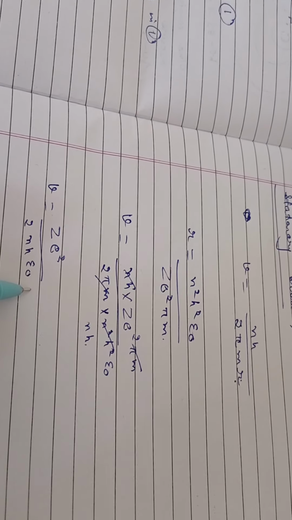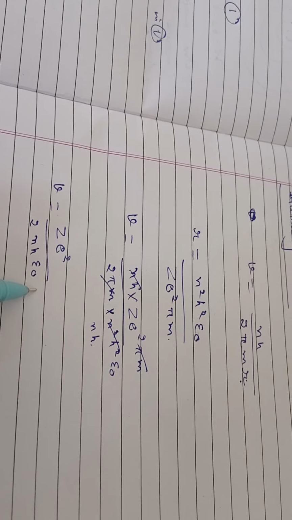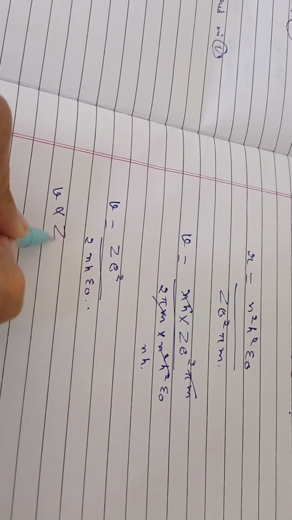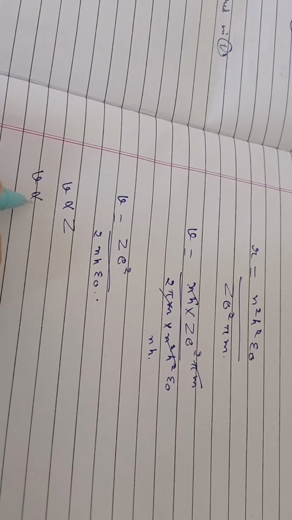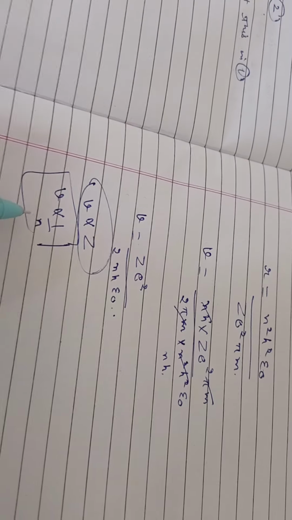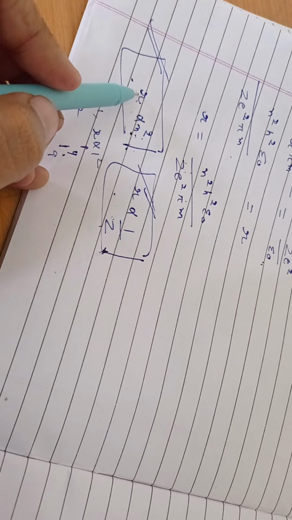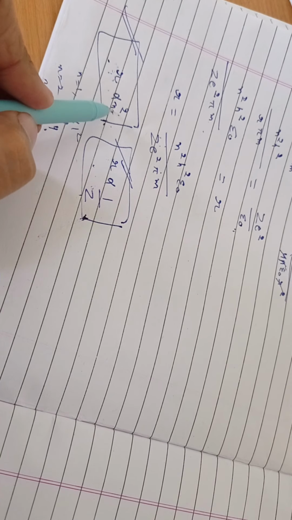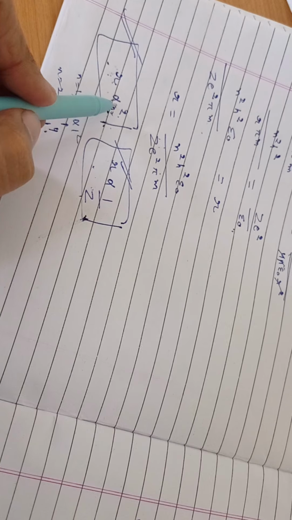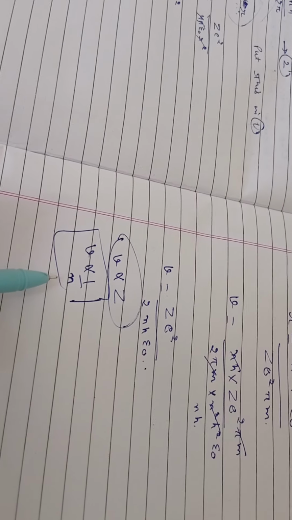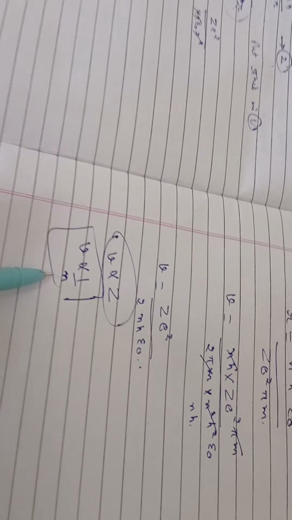What is the conclusion from this expression, students? The conclusion is that v is directly proportional to z and v is inversely proportional to n. Note that, students, please remember that r varies with n in this manner: r is directly proportional to n square while v is inversely proportional to n.